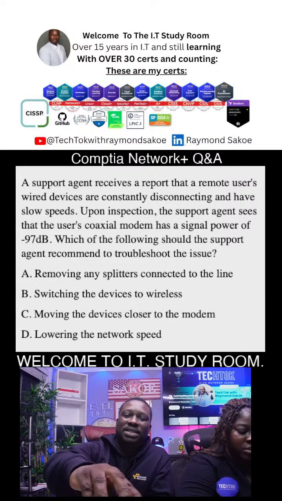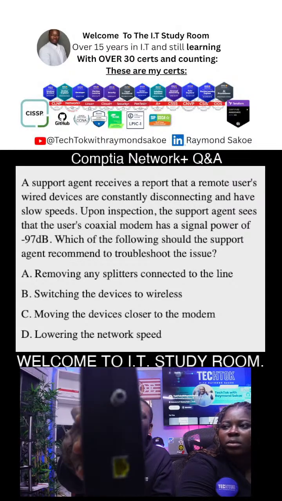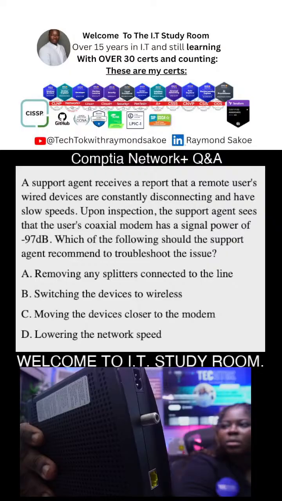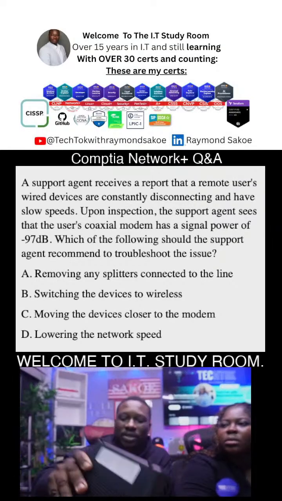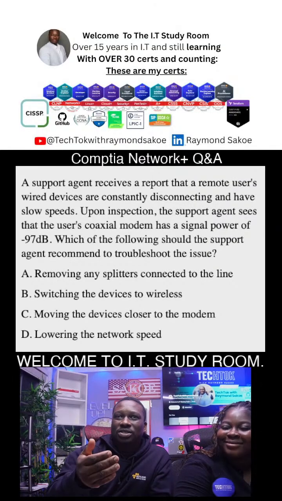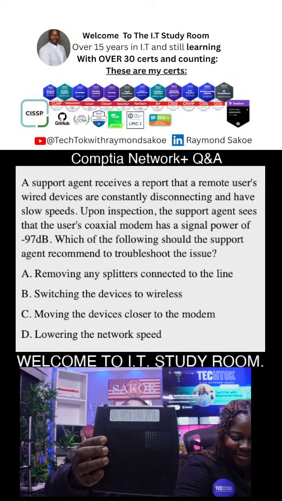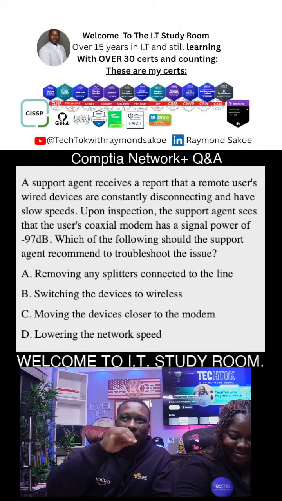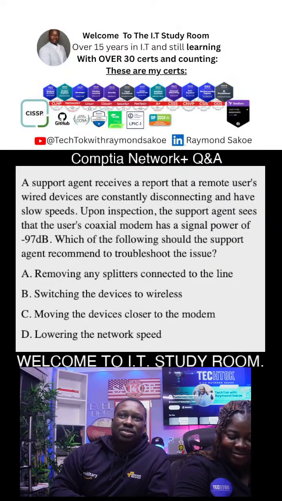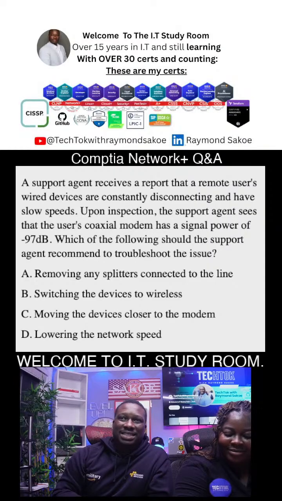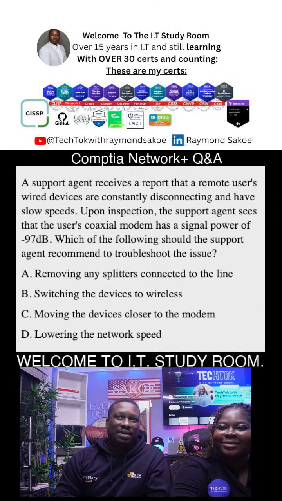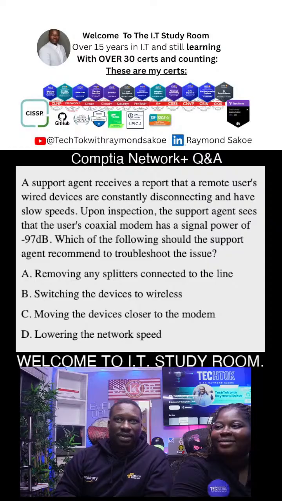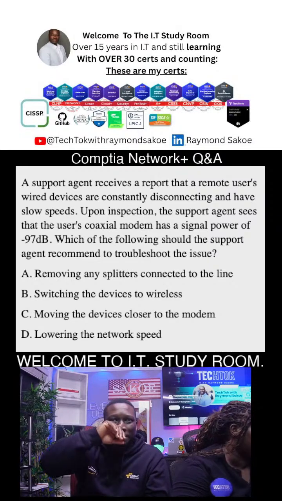Coaxial modem basically means a modem that uses a coaxial connection, which is this right here. Once they log into the system, they can view the information of the modem remotely. So the support technician logged in and saw that the user's coaxial modem has a signal power of minus 97 dB. Which of the following should the support agent recommend to troubleshoot the issue?